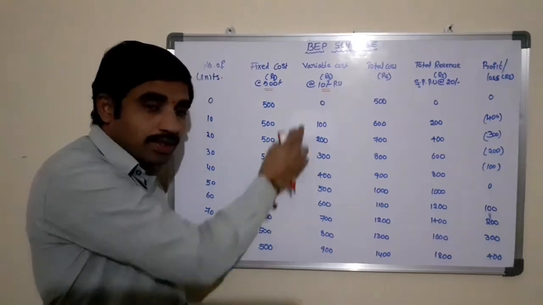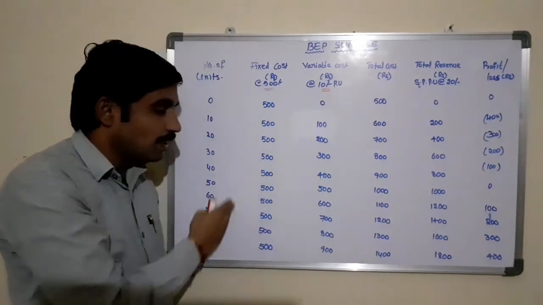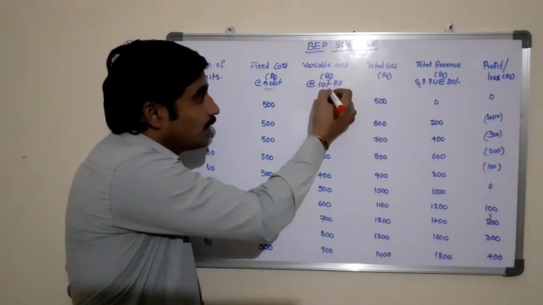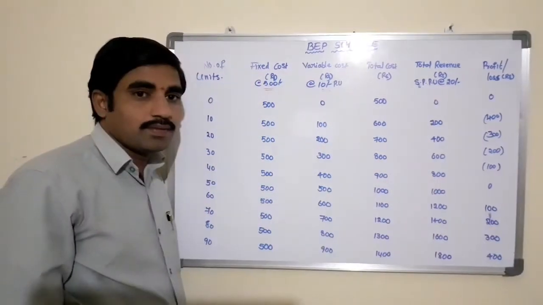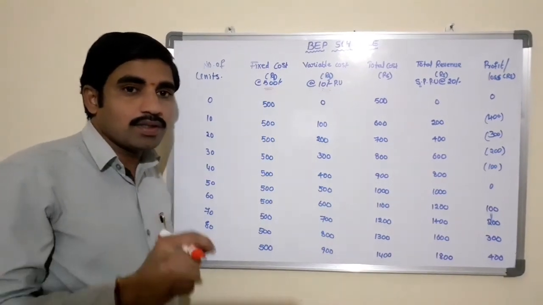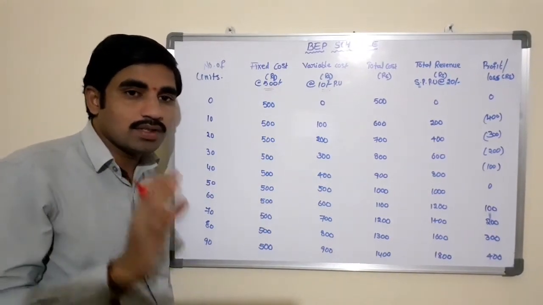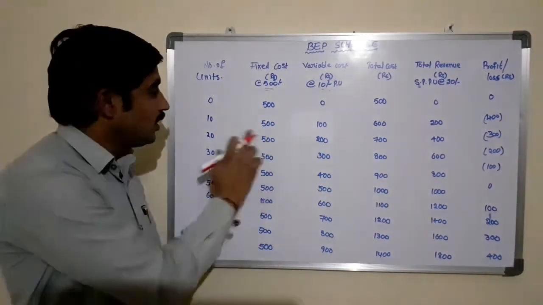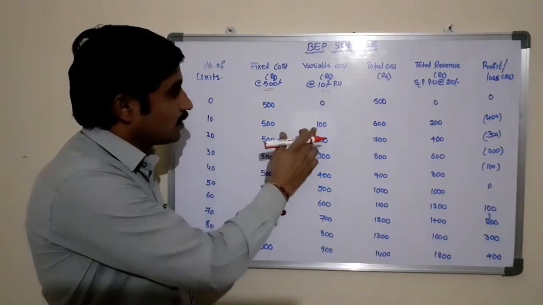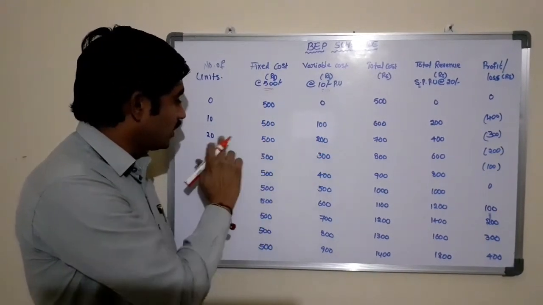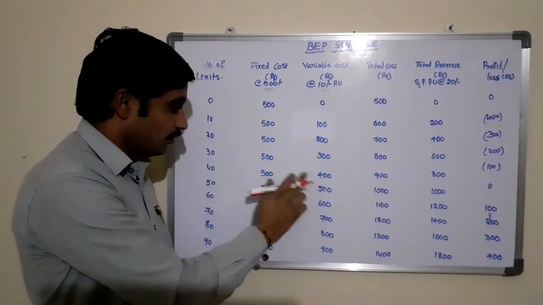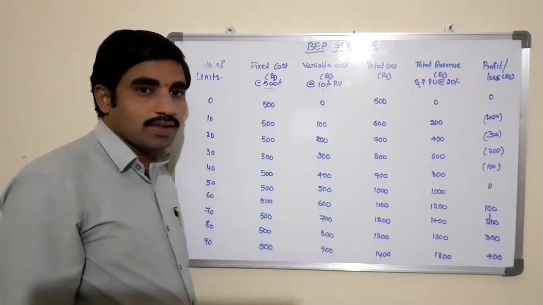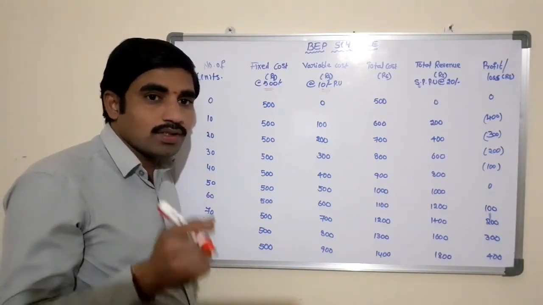But the variable cost per unit remains constant, meaning the marginal cost of production is the same. If you see here, 100 by 10 equals 10, 200 by 20, 10, 300 by 30, 10, 400 by 40, 10, 500 by 50, 10.